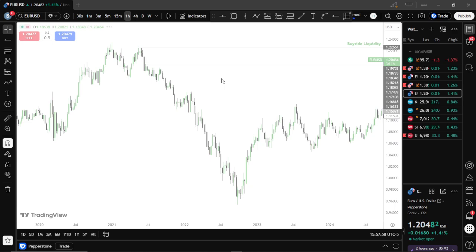So we did take out this level that I was looking for today, but I was unable to size myself in the longs because, as I said, I was a little bit busy and I'm also not a New York session trader.